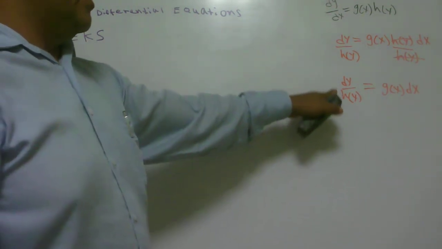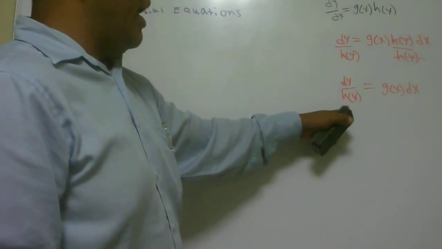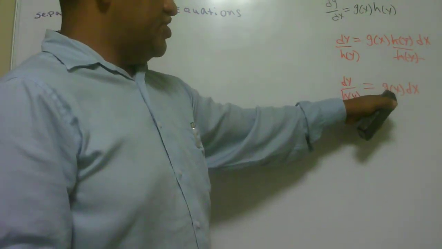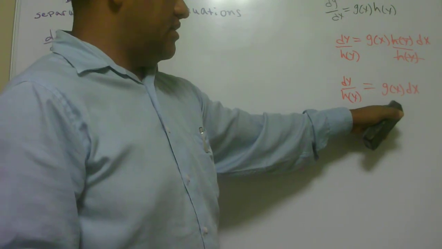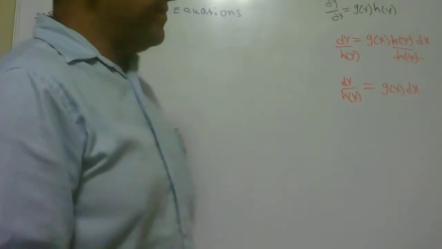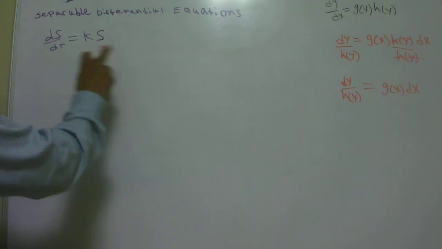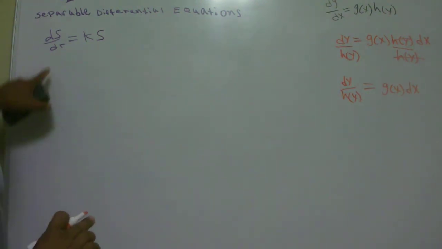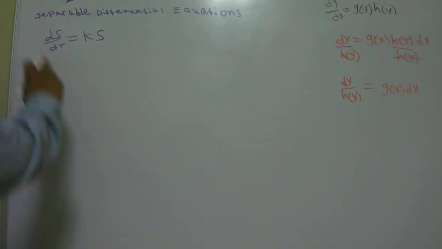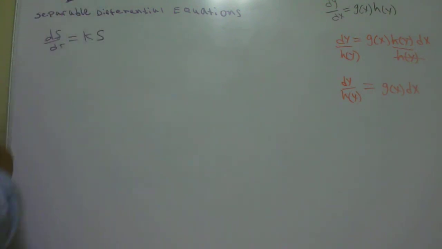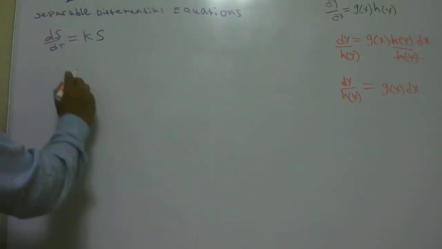I already separated the variables: I have dy over h of y equal to g of x dx. So I'm going to solve this differential equation, which is number 15 on 2.2.